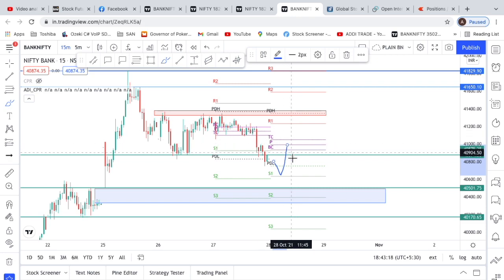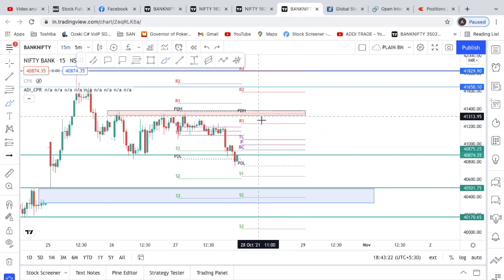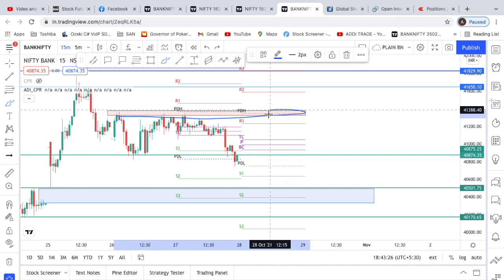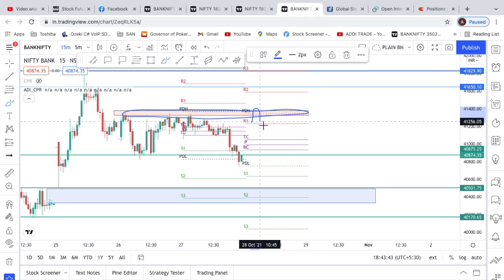And other than that, if we continue to go higher, this is a good place to book profit, because we have had strong rejection at this level at about 41,318. So if we get a huge gap up for some reason overnight or tomorrow morning, don't know what will happen in SGX Nifty, if we get a gap up and cross this on a 15-minute candle, then it's a good buy until R2.